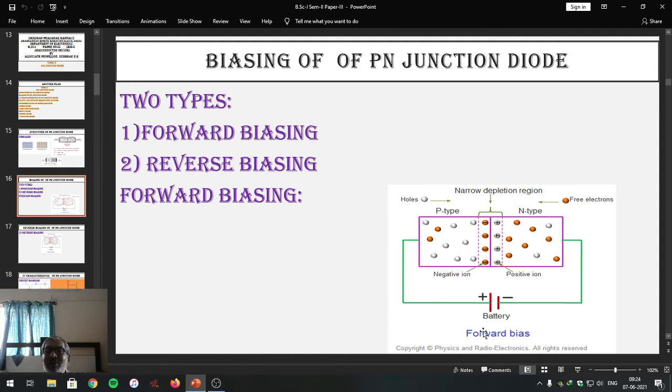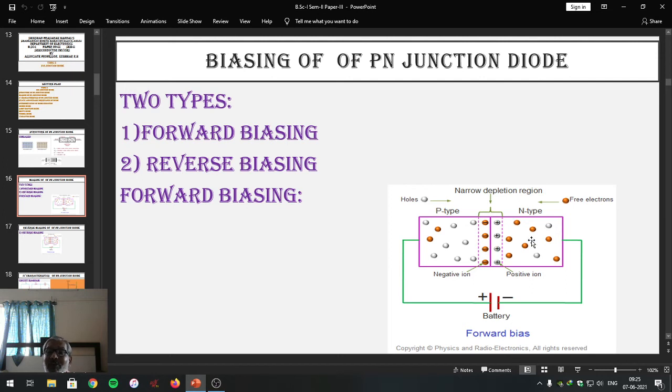Exactly when the battery voltage becomes equal to 0.6 volt or 0.2 volt, the force exerted by the electrons and holes in the respective regions on the junction reduces the barrier potential and starts reducing the width of the depletion layer.